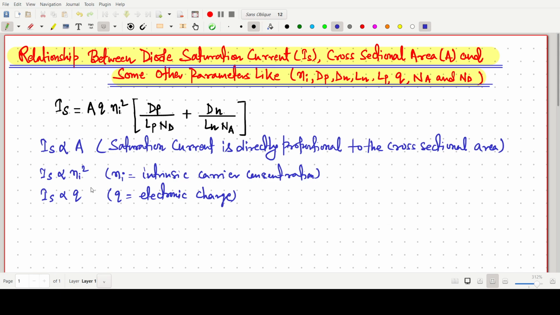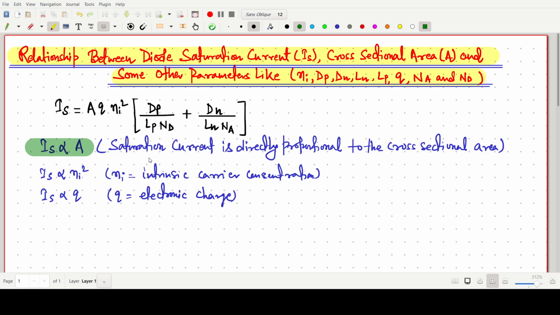First we have to focus on this: Is is proportional to the area. In most problems this kind of question will come. I will give one question related to this concept, where the saturation current is proportional to area and we have to find some other parameter value.